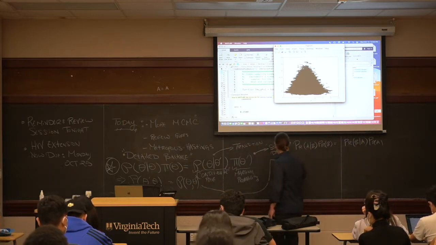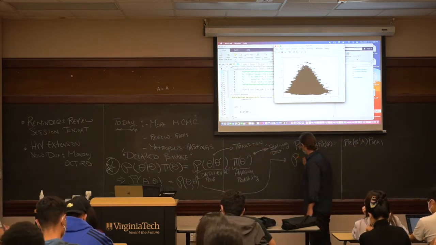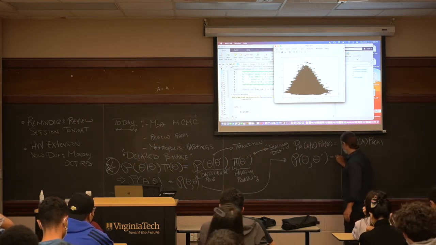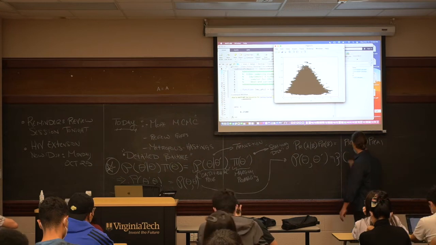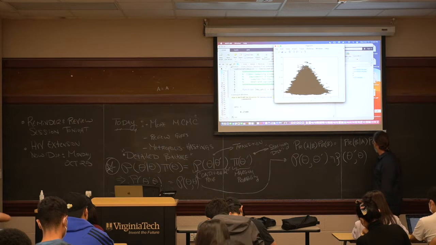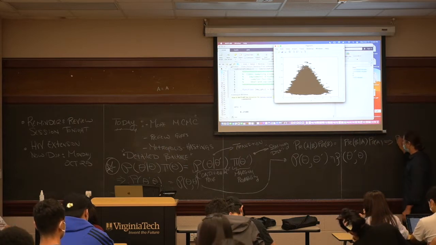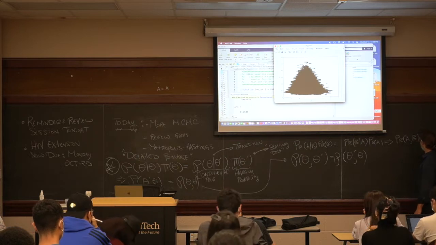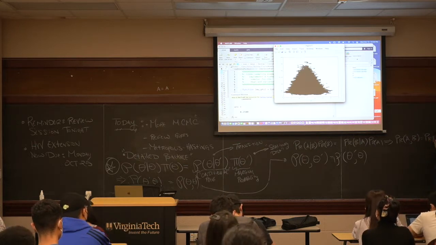I'll write this bigger over here. So I just wrote down the joint of theta, theta prime, the joint of theta prime and theta. And that would be very akin to just writing down the joint of probability A and B is equal to the joint of probability B and A.